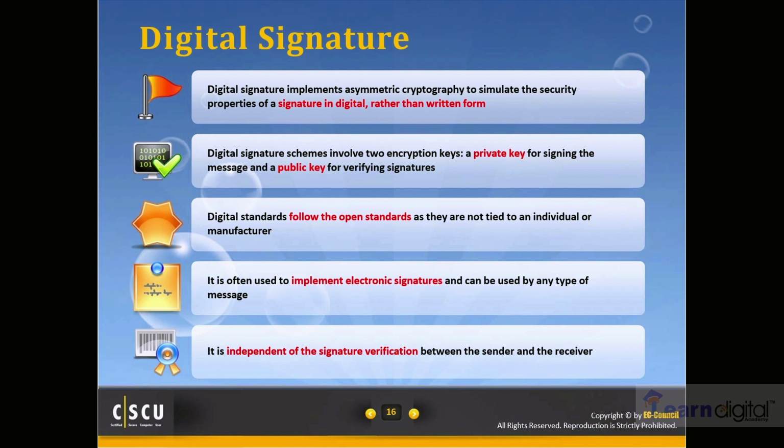So the digital signature standards follow an open standard as they are not tied to an individual or manufacturer. So it is often used to implement electronic signatures and can be used by any type of message. So it is independent of the signature verification between the sender and the receiver.